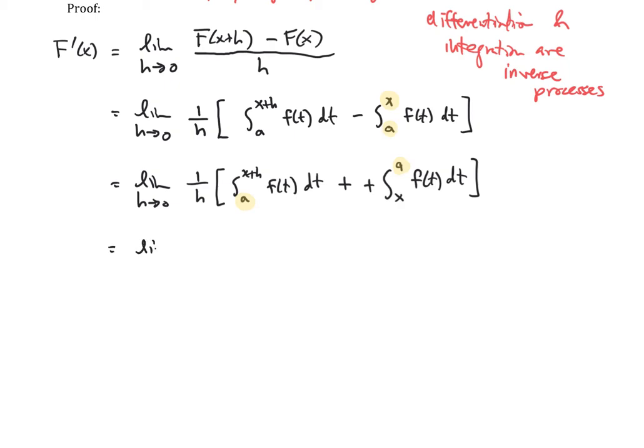So in the next line of my proof, I'm going to simplify the things inside the square bracket, and that just becomes the integral from x to x plus h of f of t dt. I believe this was property 6 in section 4.2. We're integrating from x to a and then from a to x plus h, which is the same as just going from x to x plus h.